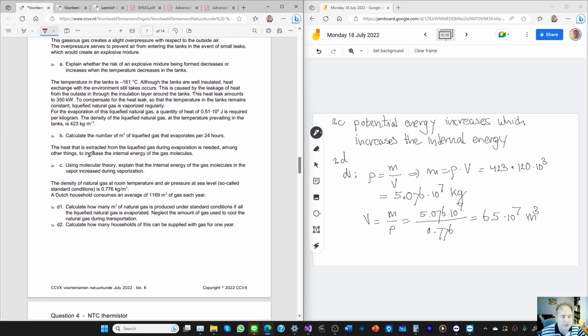How many households of this can be supplied with gas for 1 year? Let me see, this should fit in here because that's not so difficult.